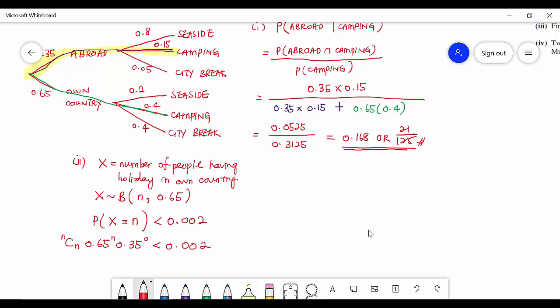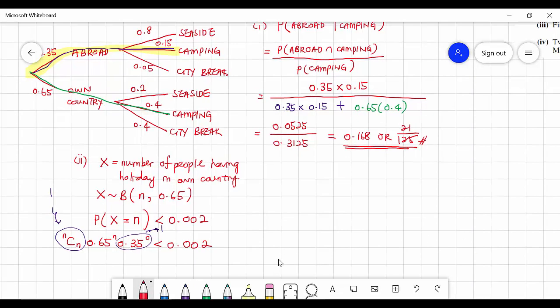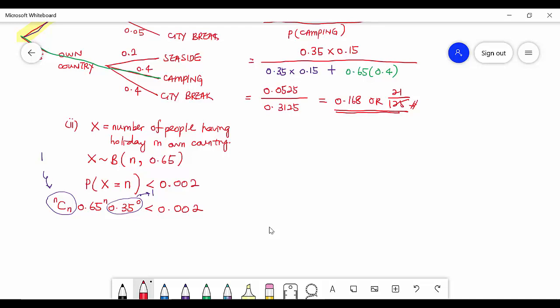Because you know this nCn, you can try pressing the calculator and see. No matter whether you get 2C2, 3C3, 4C4, everything equals 1. Then any value to the power 0 also gives 1. So for this inequality, you get 0.65 power n smaller than 0.002. To get the value of n, you need to take log on both sides.